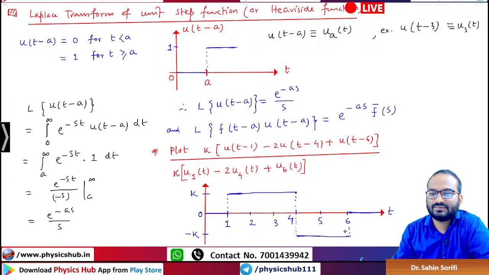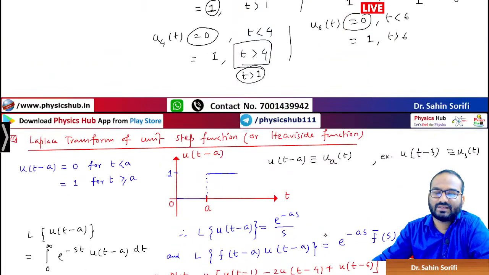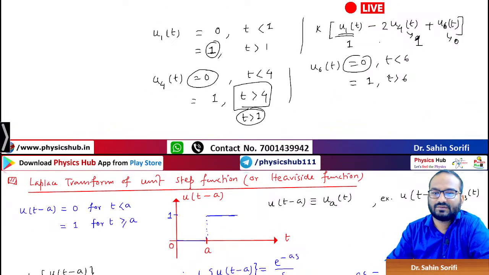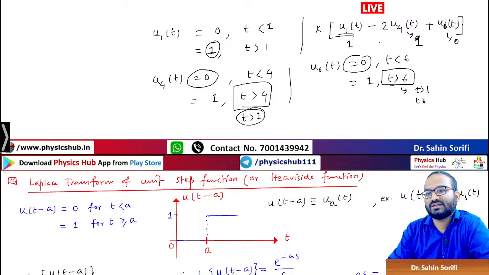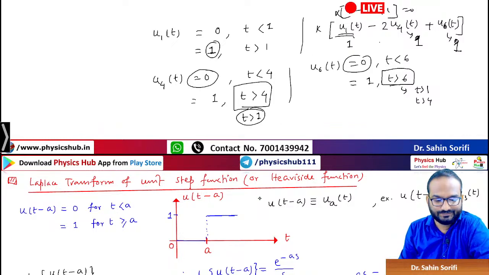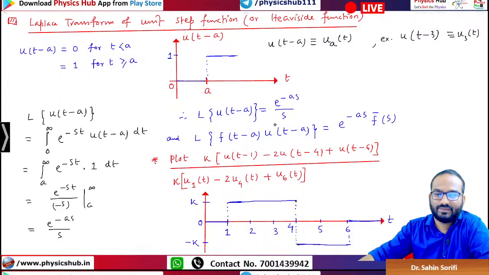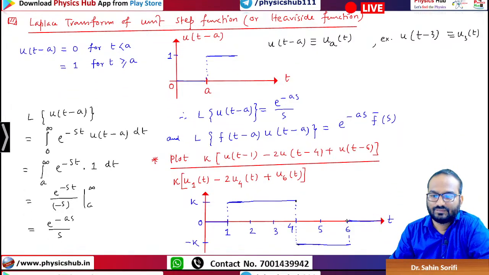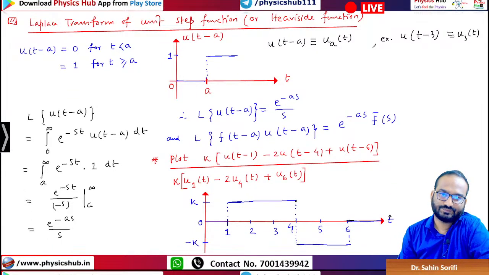Then at t equals to 5 also these two functions survive, and as soon as t greater than 6, it includes t greater than 1 and t greater than 4 also. So this value will be 1, this value will also be 1. So 1 minus 2 plus 1 is 0, na? That is why beyond t greater than 6 it is 0. Is it clear now?